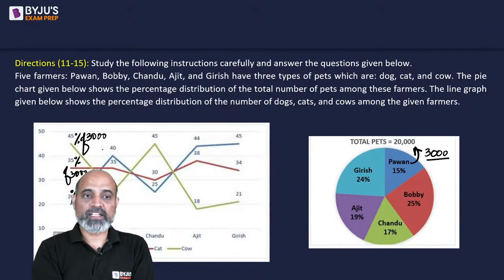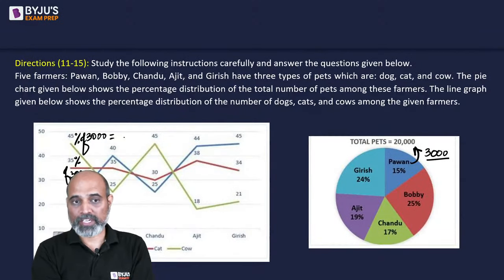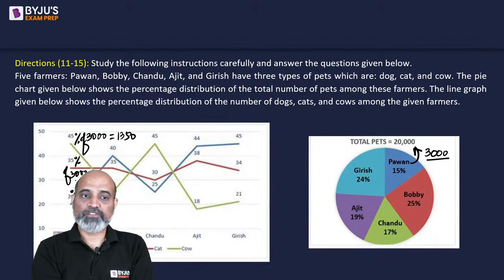So which will result in 45 into 3, which is going to become 1350. 35% of 3,000 is going to be 1050, and 20% of 3,000 is going to be 600.